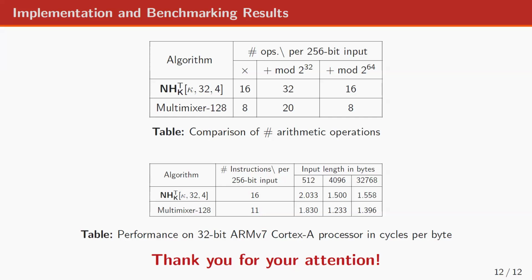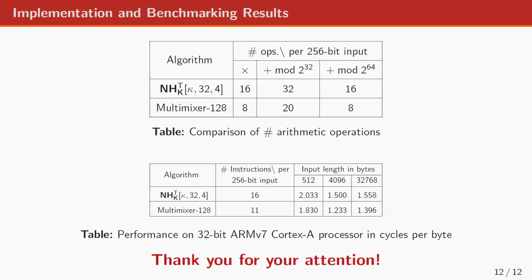But what I understood, because I also had this question, is that 4096 is the sector size of this architecture. So 4096 is like the perfect size. These hash functions compress inputs of this size perfectly for some reason, and beyond this, the result deteriorates for both NH and Multimixer.